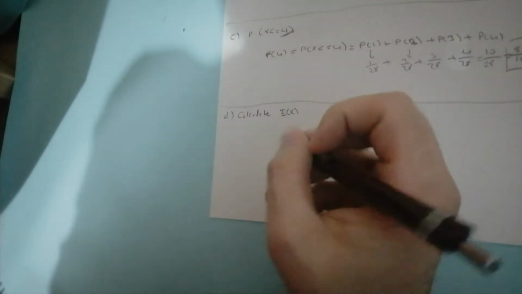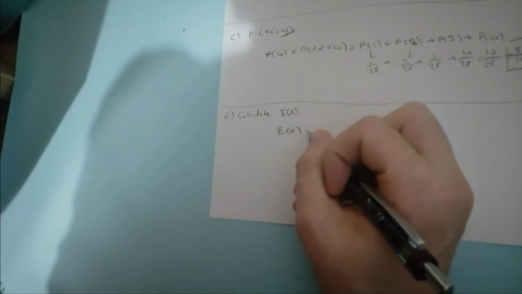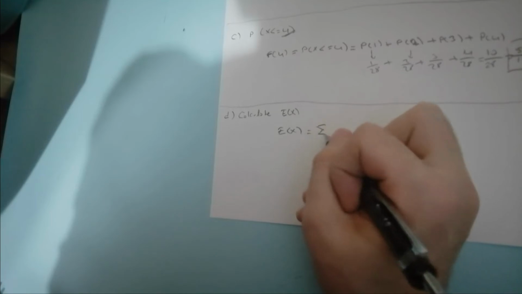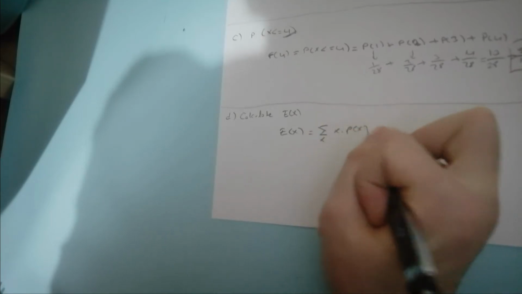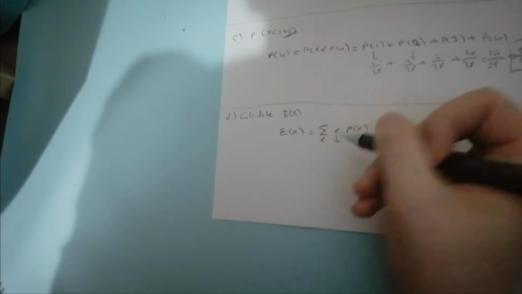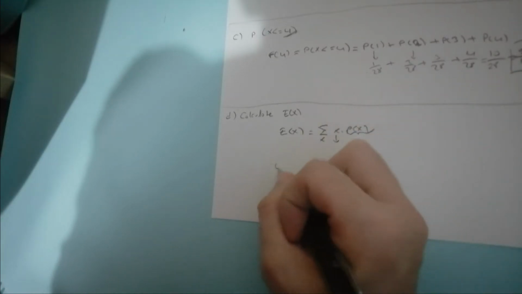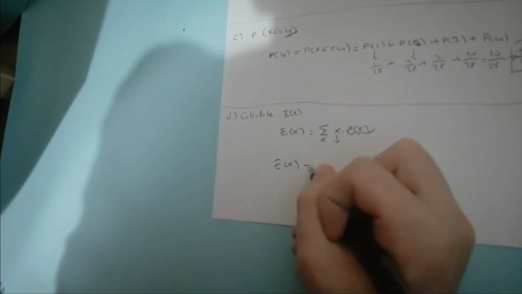And then calculate expected x. So we know the formula, we know how to do that, and so let's get started. Expected x is equal to this. So we actually know the x values and their probabilities, so let's get a table for this.